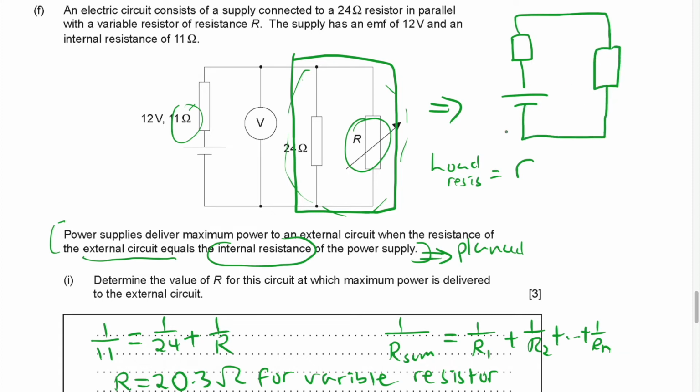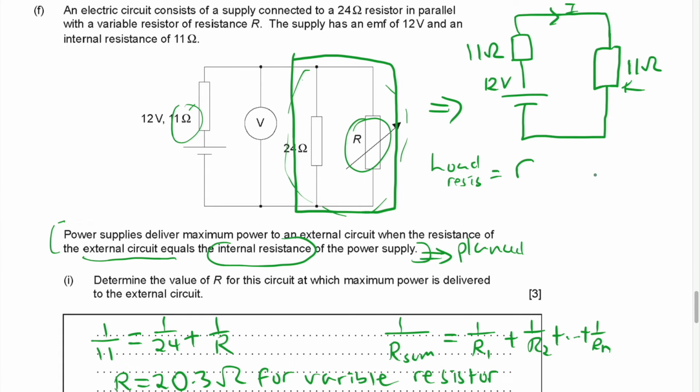And we know that the question tells us the resistance of the external circuit is equal to the internal resistance of the power supply. So here is also going to have a resistance of 11 ohm, because the internal resistance is 11 ohm, and the power supply here is 12 volt. So here I have a current I, which is going to go through the internal resistor and the resistor of the external circuit.